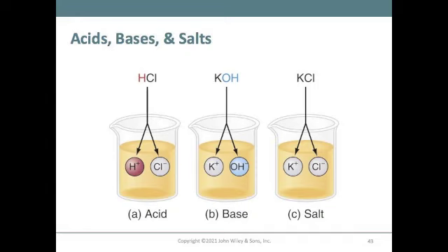Because a hydrogen ion is a single proton with one positive charge, an acid is also referred to as a proton donor. In contrast, a base removes hydrogen ions from a solution and therefore is a proton acceptor. Many bases dissociate into one or more hydroxide ions and one or more cations.